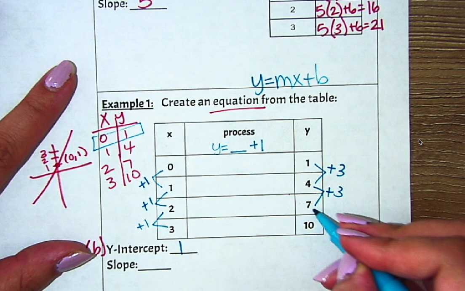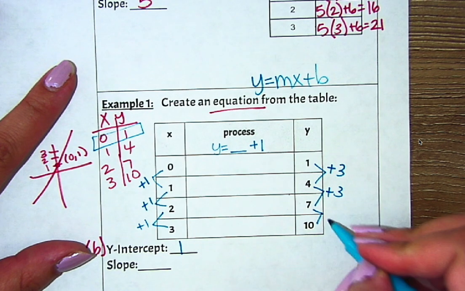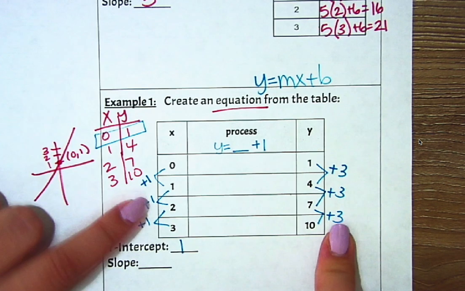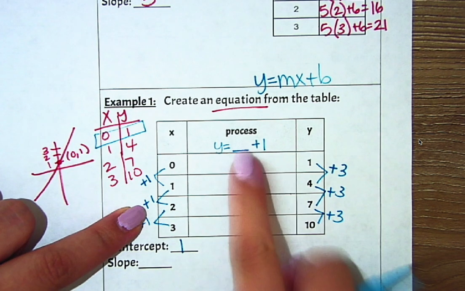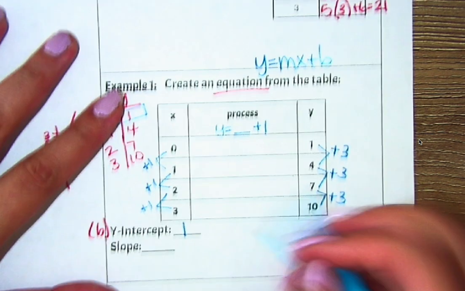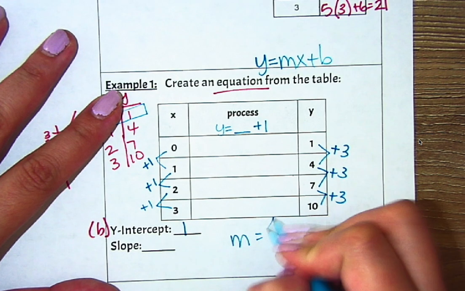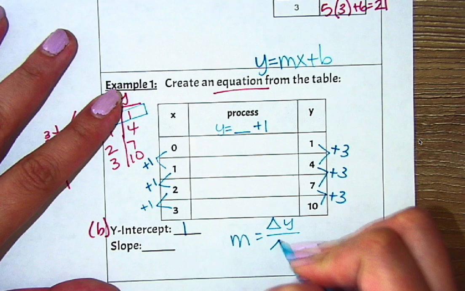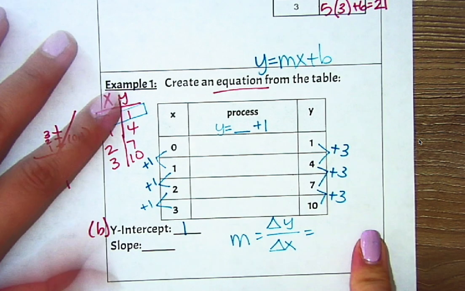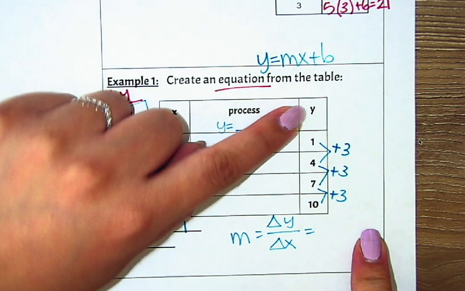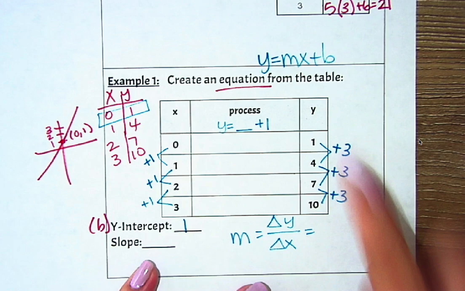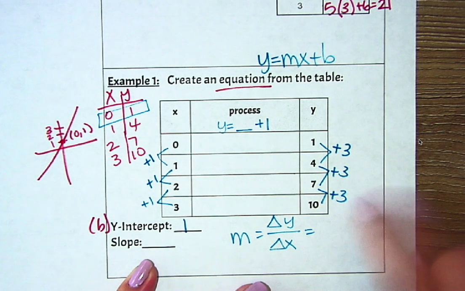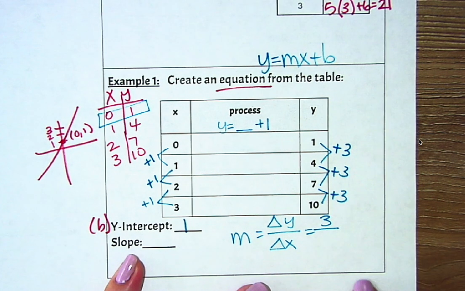The same thing here from 7 to 10. You're adding 3. So you see the pattern. Okay, remember, in order to find my m is the change in y over change in x. So I'm gonna look at my y side. What was the change? Our change was plus 3, right? So I'm gonna put the number 3 on top.